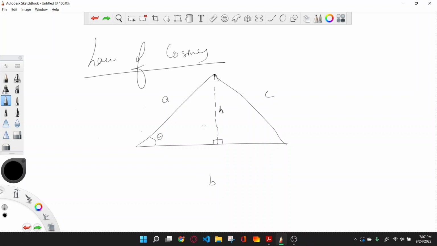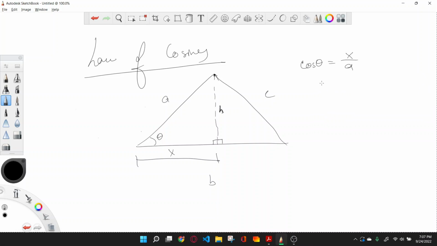So first, what is this side in terms of A and theta? Well, it's A cos theta, and I'll explain why. Let's call this side X. If we took the cosine of theta, we would get adjacent over hypotenuse.